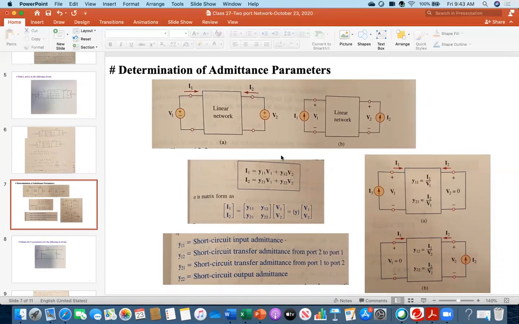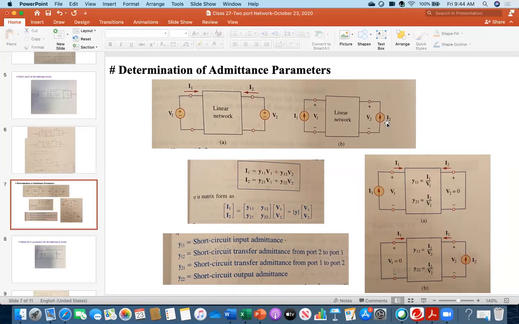So you all know the admittance. Admittance multiplied by voltage makes the current I1. Because you know admittance is the reciprocal of impedance, Y equal to 1 over Z. So similarly, I1 is Y11 V1 plus Y12 multiplied by V2.